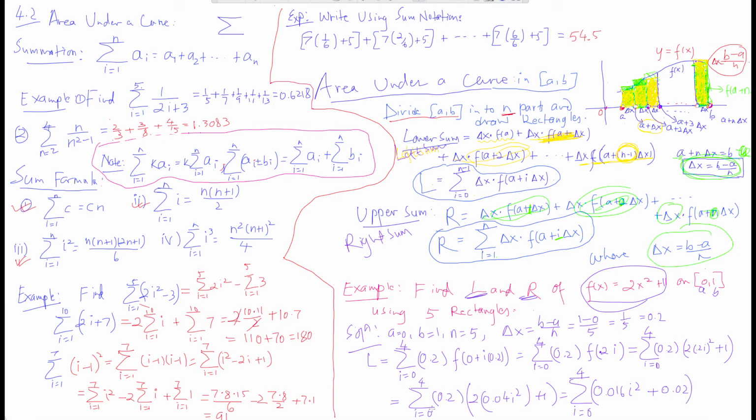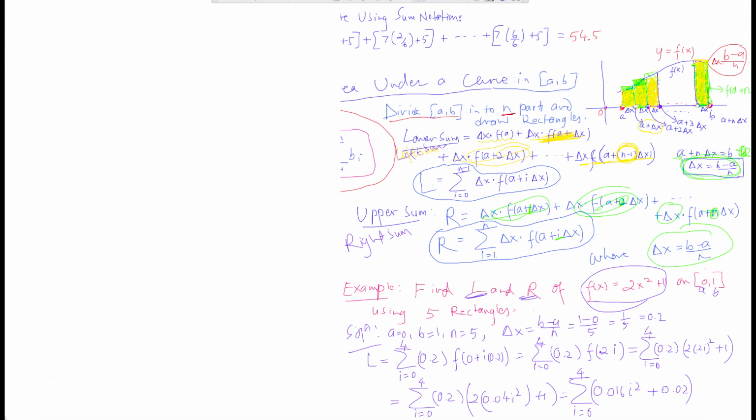Okay, guys? Because 2 times 0.04 will be 0.08, times 0.2 will be 0.016, and there is i squared and then plus 1, but you need to distribute that 0.2 to both this one and that one. You got that one. Okay, so next we distribute the summation to both of those. So this is equal to summation of 0.016 i squared, plus summation of 0.2.